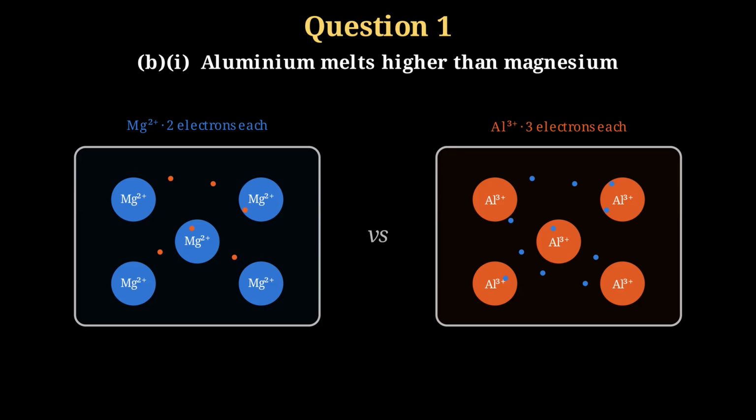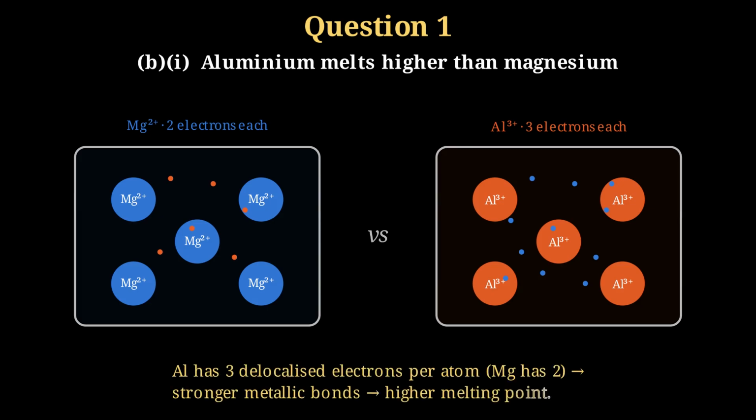So, aluminium has ions with a higher charge and a denser electron sea. That gives stronger metallic bonds, and stronger bonds need more heat to break. So, aluminium melts at a higher temperature. So, aluminium has 3 delocalized electrons per atom against magnesium's 2, giving stronger metallic bonds and a higher melting point.